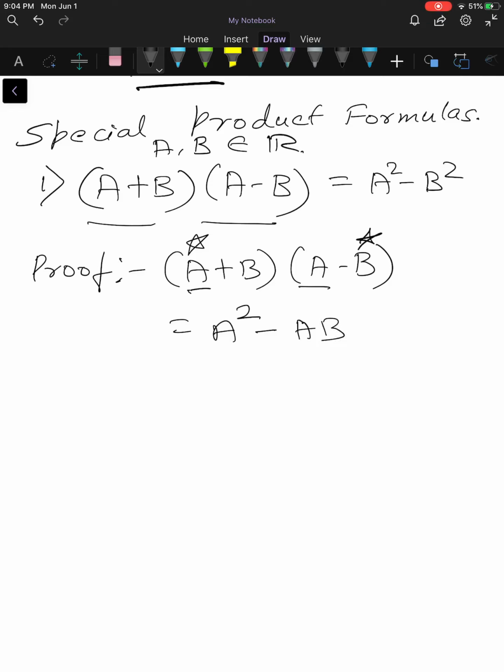Next, second one: a plus b the whole square is equal to a square plus 2ab plus b square. You should pay lots of attention. This is not the same as this.